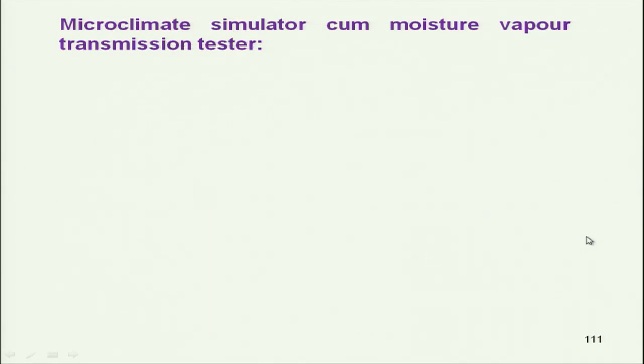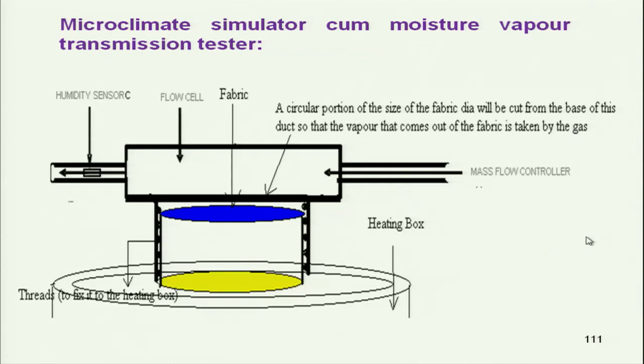The microclimate simulator is also one method, where this is the mimic skin, and here is the fabric specimen, and in between you have a microclimate. We can measure the humidity and temperature of this microclimate.